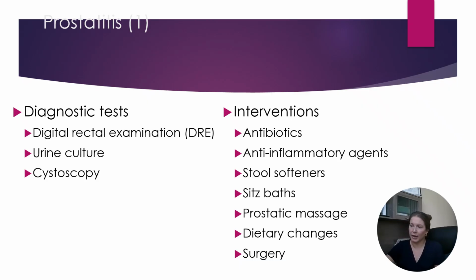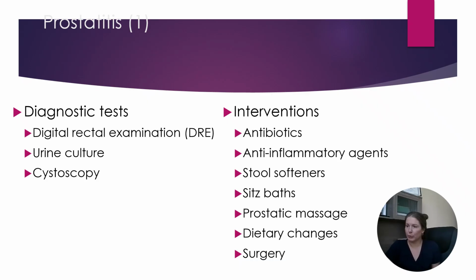Interventions: our antibiotics, it's normal to use some fluoroquinolones with those. Fluoroquinolones. I can't pronounce anything right now. Okay. We'll use some anti-inflammatories, so some NSAIDs to reduce the pain and swelling and inflammation.